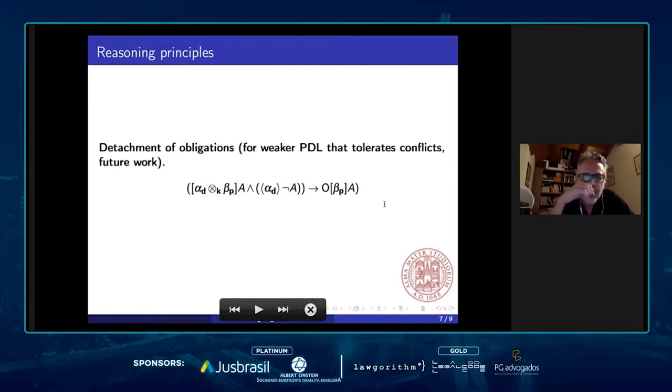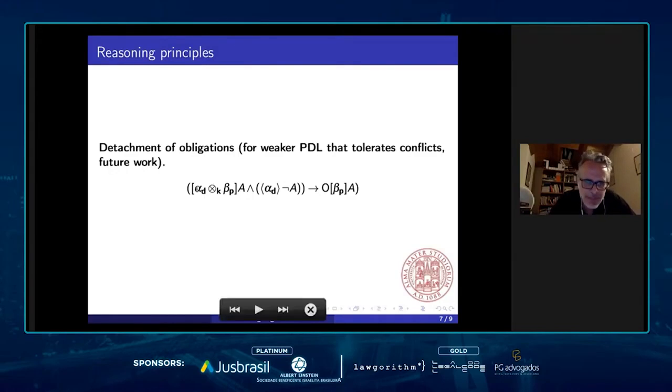The final criterion, the principle, and then I think I'm going to finish my presentation, is called detachment of obligation. This is meaningful only with a weaker version of the PDL, where you can tolerate conflicts.